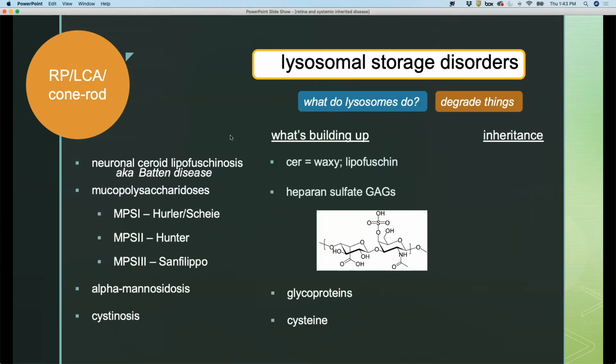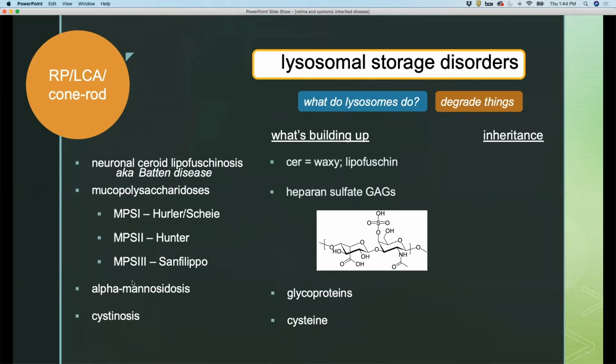In Batten disease, oxidized lipids build up. The way I remember ceroid is that cer means waxy, as in cerumen, which is earwax. And lipofuscin, as you know, is what builds up in the retina, like in AMD, and causes autofluorescence.